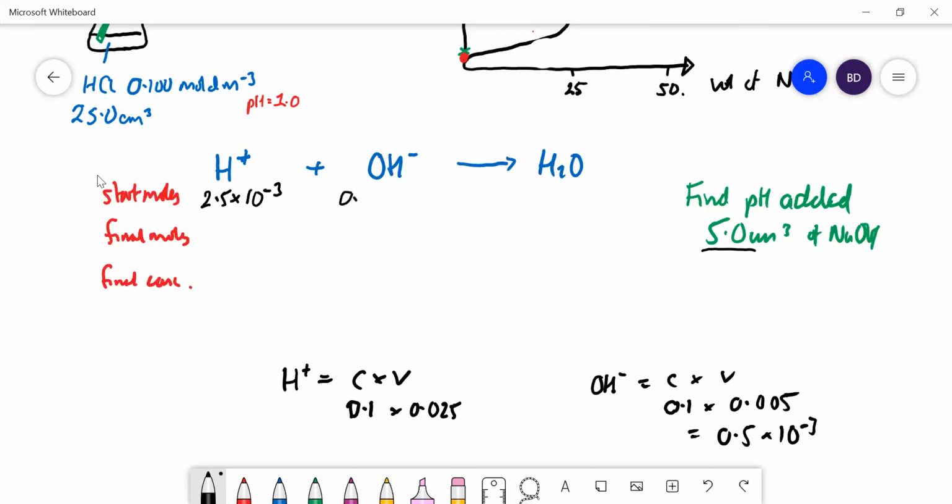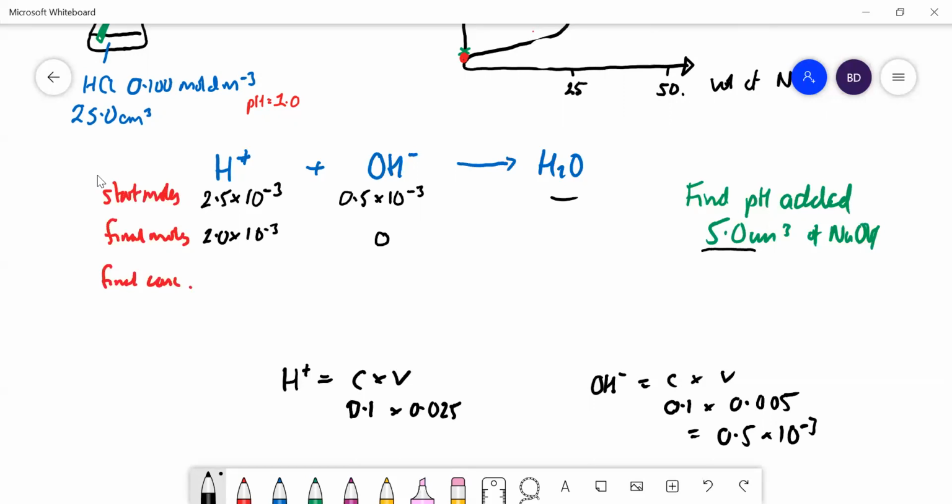We're not worried about the moles of water, but let's see what happens after they've reacted. So the OH minus are all going to react, so they're going to go down to 0. Of course, they won't really go down to 0 because there's always a bit of OH minus in any solution, and always a little bit of H plus. But the H plus is going to go down to 2 times 10 to the minus 3.